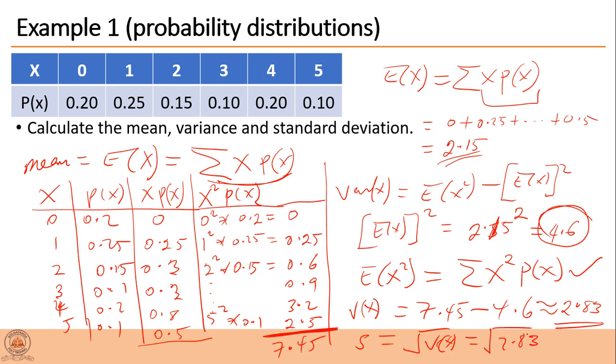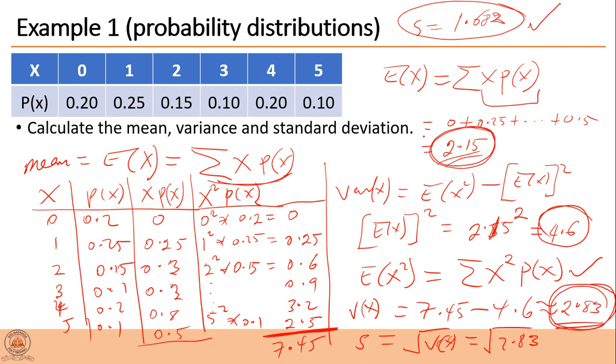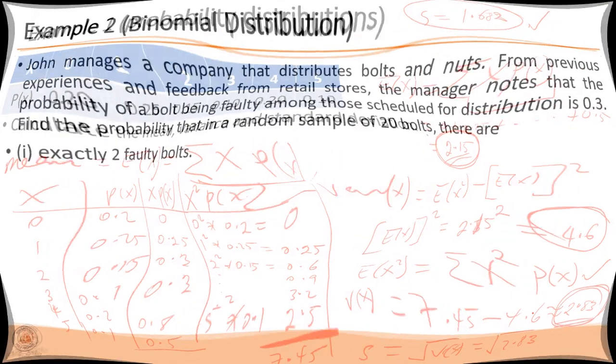Find the square root of this value, and the standard deviation is equal to 1.682 or something close to that. So this is how we calculate the mean, the variance, and the standard deviation of a probability distribution.